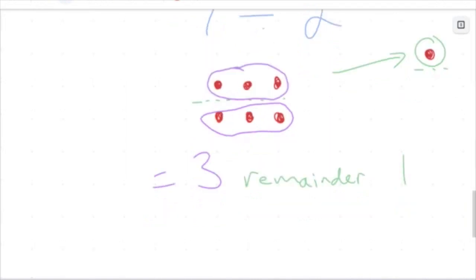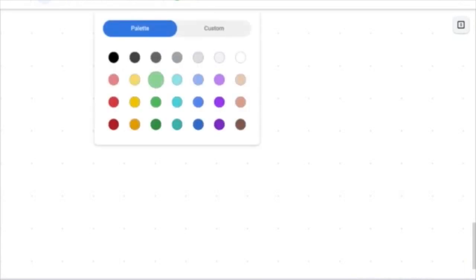Let's see what happens when we do 50 divided by 9. Okay, so I said before that dividing has very close ties with multiplying. So in order to find this, I'll give you a hint. There will be a remainder here, but we just want to find what it is.